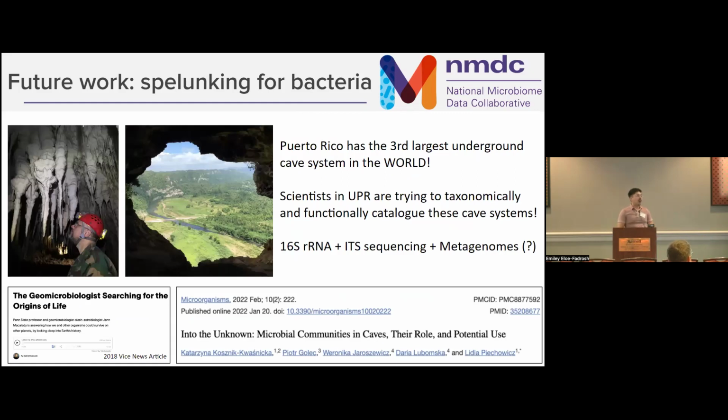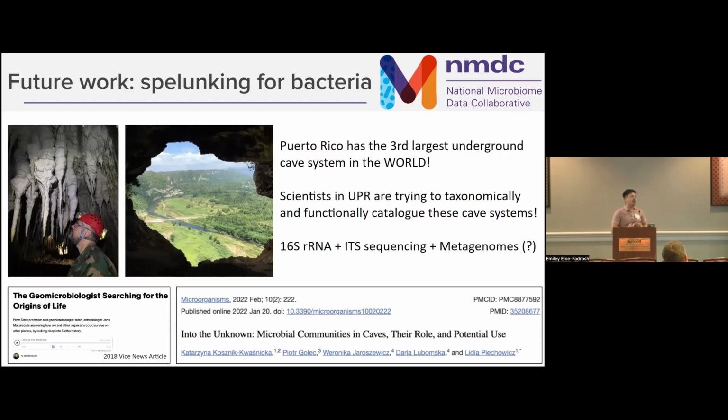And so I didn't know this, but Puerto Rico has the third largest underground cave system in the world. And Carlos Rios and a few other scientists are working together to try to taxonomically and functionally catalog some of these cave systems. And so they have 16S data, they have ITS data, they haven't had funding for metagenomes yet. But as we know, this is the GSP.